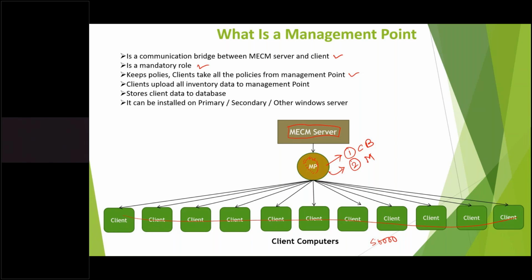I need to deploy the operating system. All these are policies. We create the policy on the primary site, and then the policies are stored on the management point. The management point will keep the policies and supply them to the target devices. The client machine will download the policy from the management point.